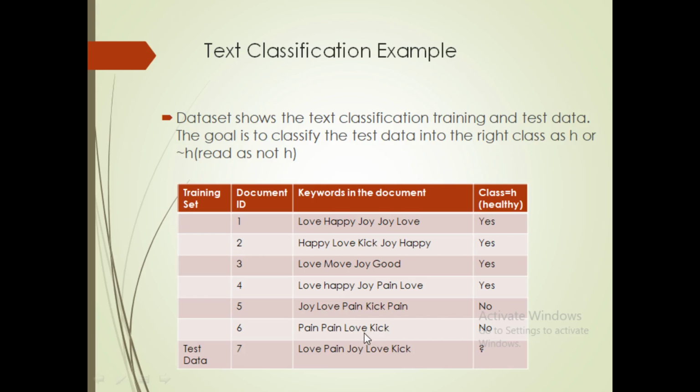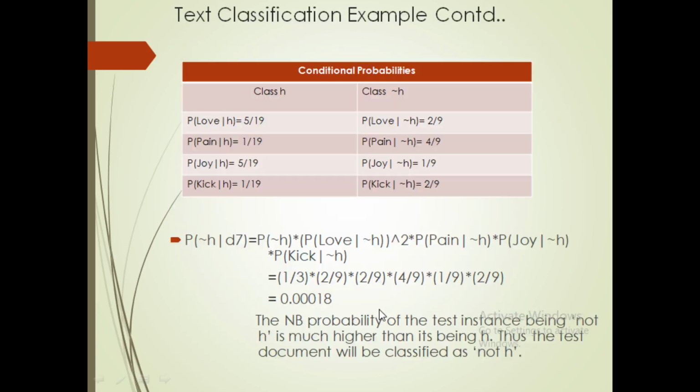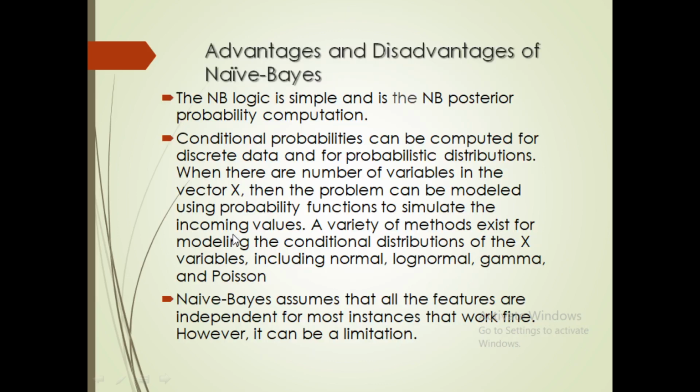If I consider love is present only in the yes training instances, and it is not present in the no instances, then whatever probability we calculate over here will turn out to be 0. That is, when we find this P of love given not H, this will turn out to be 0. Then the total value turns out to be 0. So that's one of the disadvantages.